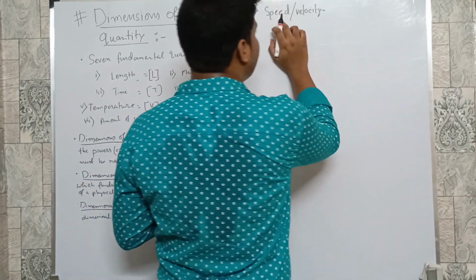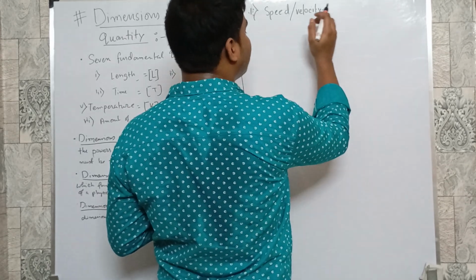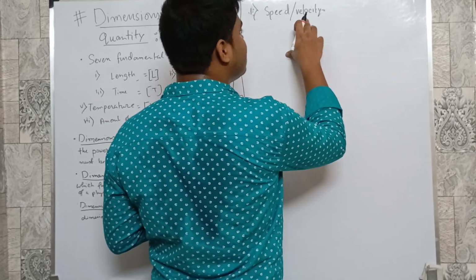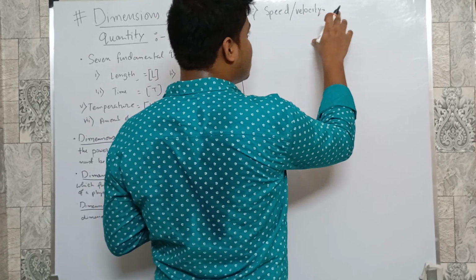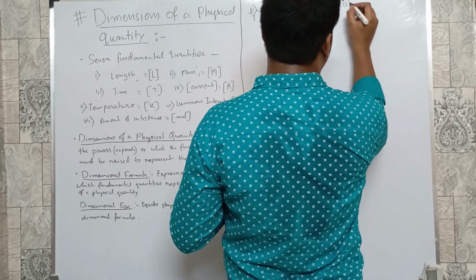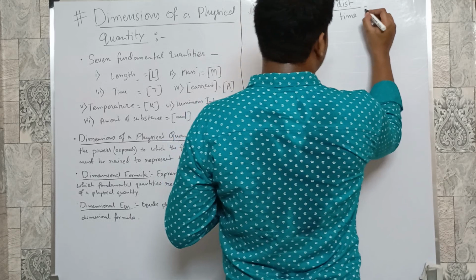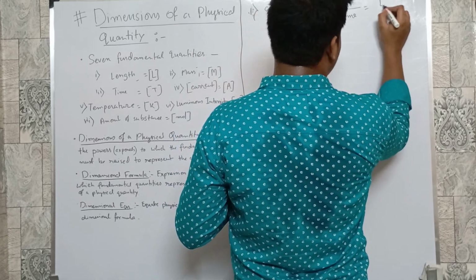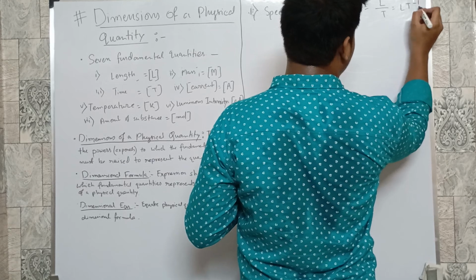Speed is defined as distance traveled per unit time, or rate of change of distance, and velocity is defined as the rate of change of displacement. So it is basically distance upon time. The dimension of distance is L, time is T, so it will simply be [LT^-1].